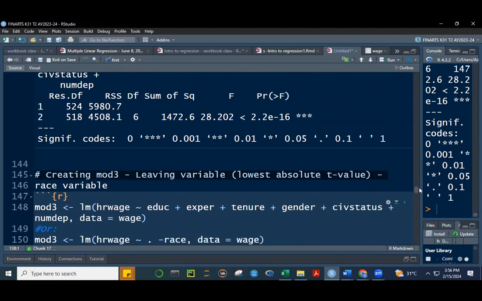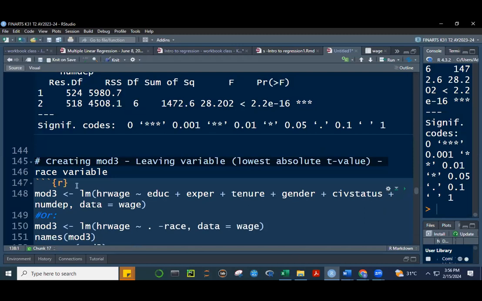All right. So we have now hourly wage regressed on education, experience, tenure, gender, civil status, number of dependents. Naging 6 na lang, kasi 7 dati. Tinanggal natin si race.